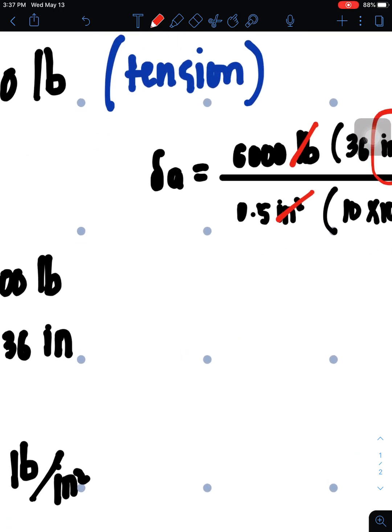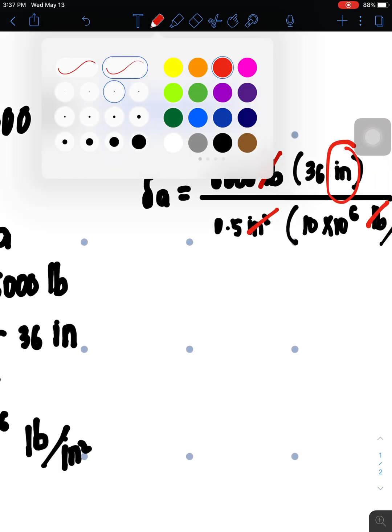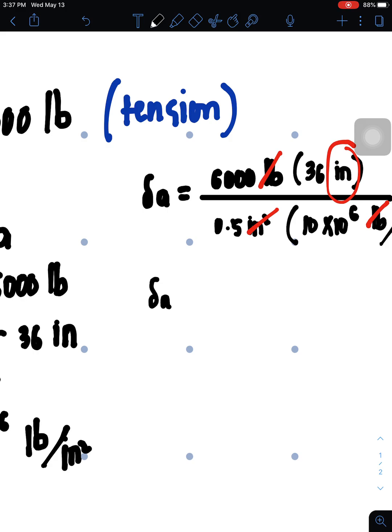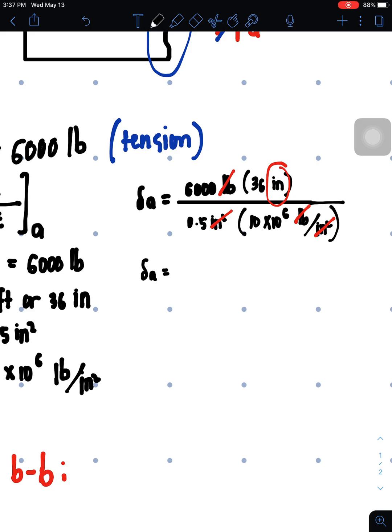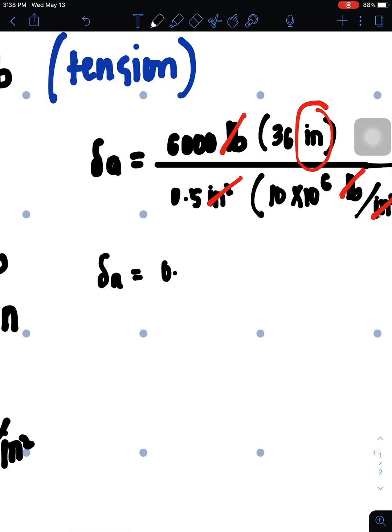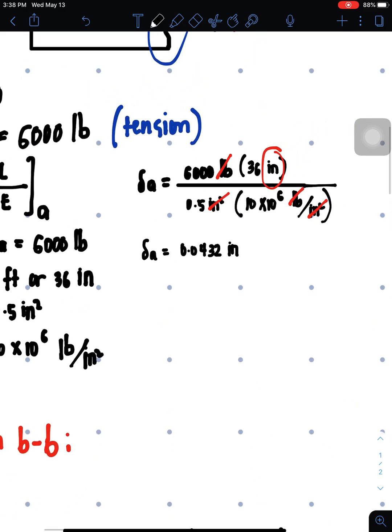All in all, the deformation for A is equal to 6,000 times 36 divided by 0.5 and 10 times 10 to the 6. We'll have 0.0432 of an inch. And this is the deformation for A, or section AA.